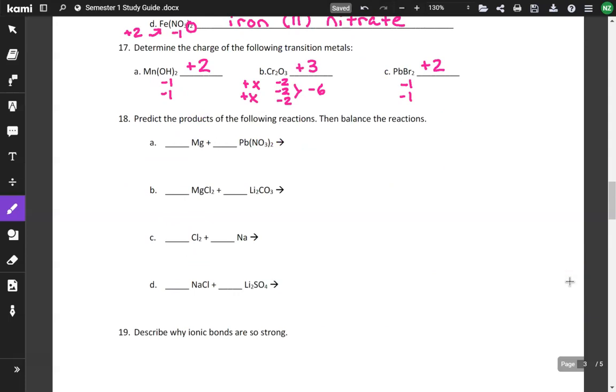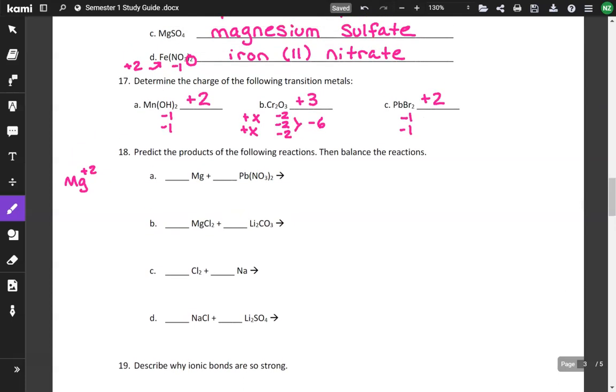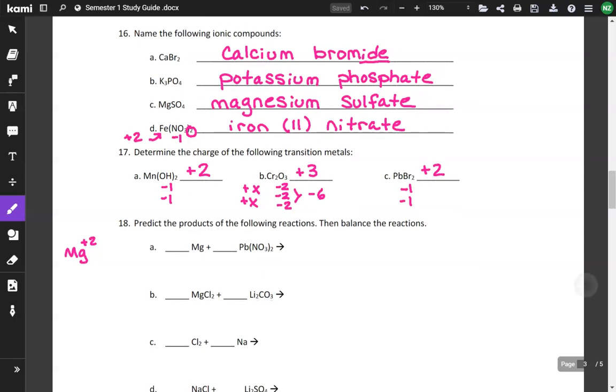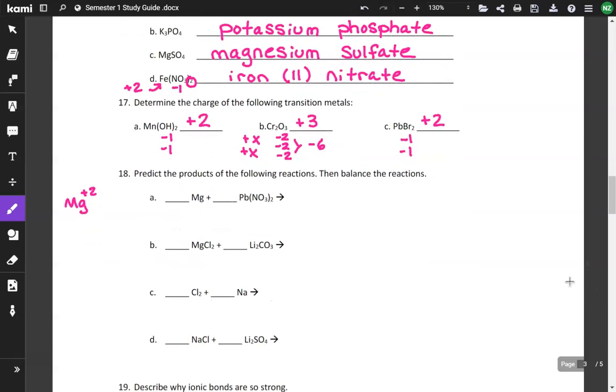Okay, predict the products of the following reactions. So we have magnesium, which is plus 2. We have lead, and I feel like we just did this one. I'm thinking of something else. Okay, so lead, Pb, is plus 2.